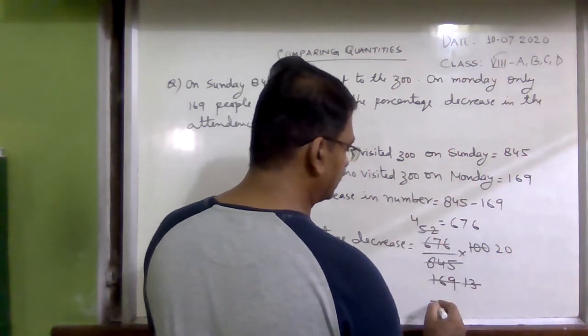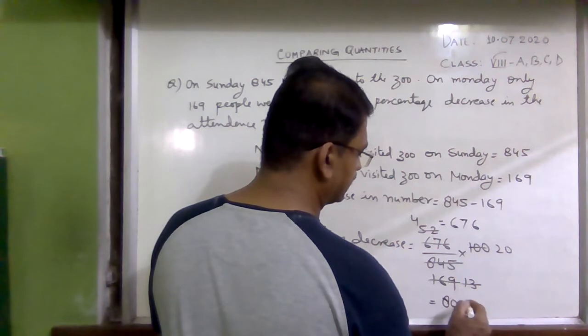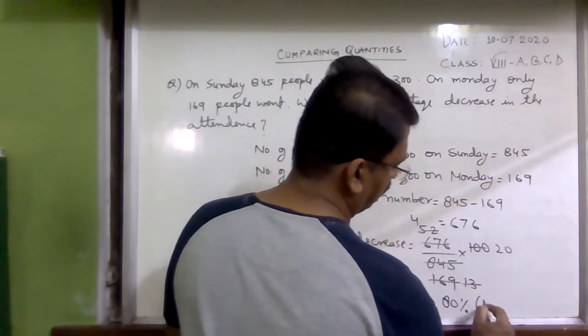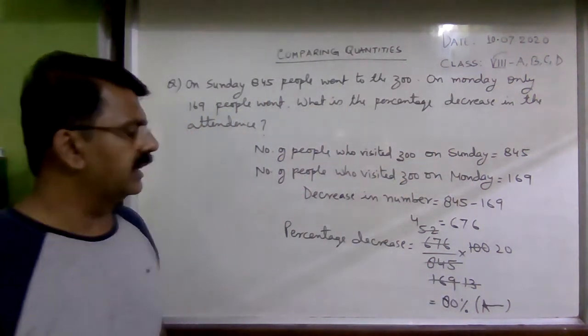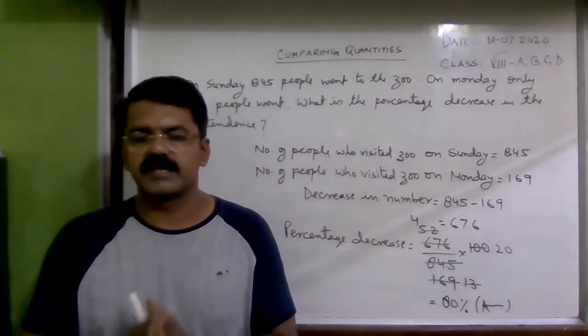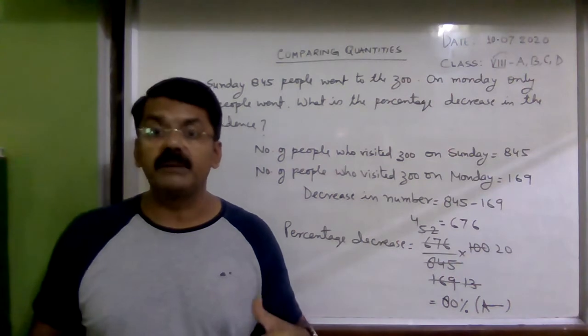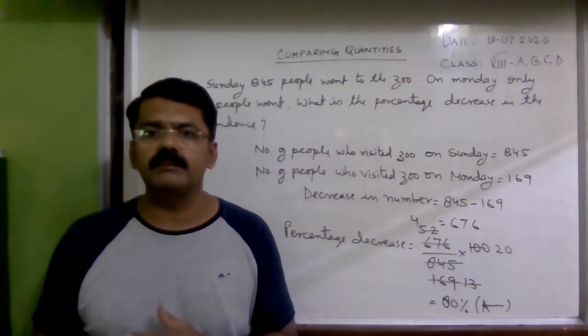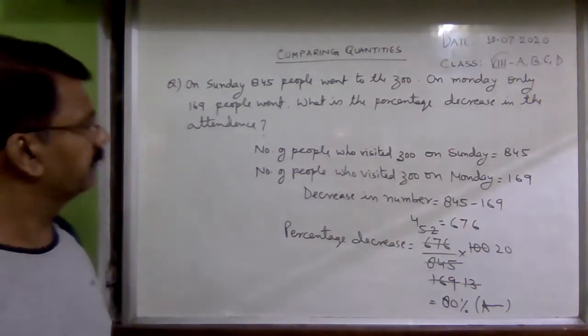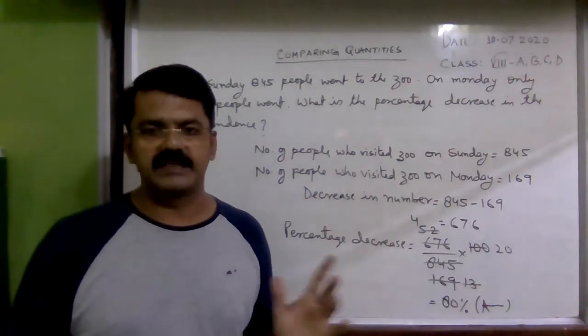And 20 into 4 is 80. So 80% is your answer. So on Monday, the percentage decrease in attendance is 80%. From Sunday, 80% people didn't turn up on Monday. Clear? That is your answer. Now the next question.